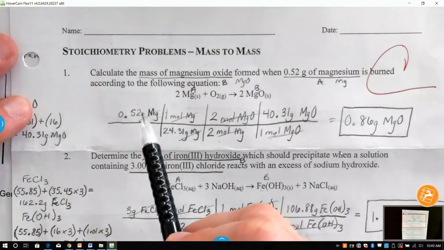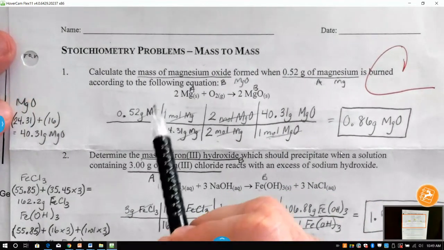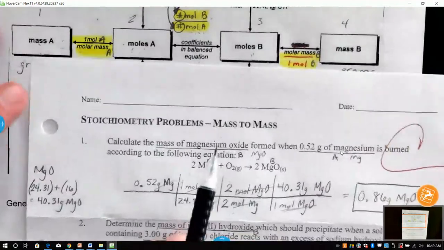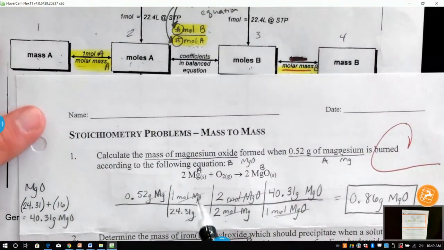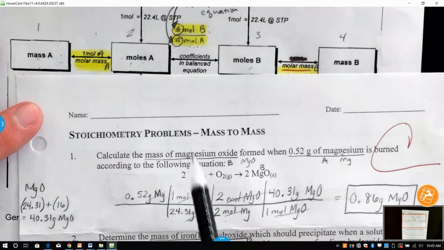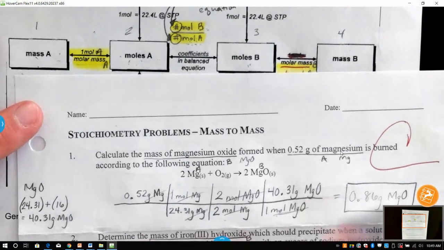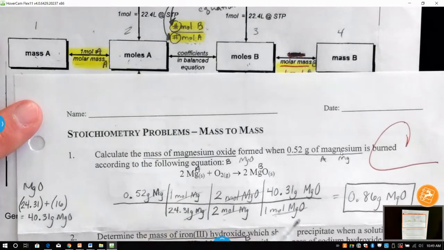So take what you're given, put it in the starting spot. Then, according to this, 1 mole of the substance A, which is Mg, goes over its molar mass. When it's an element by itself, super awesome, it's just whatever its atomic mass is in the periodic table. Boom, write that down.